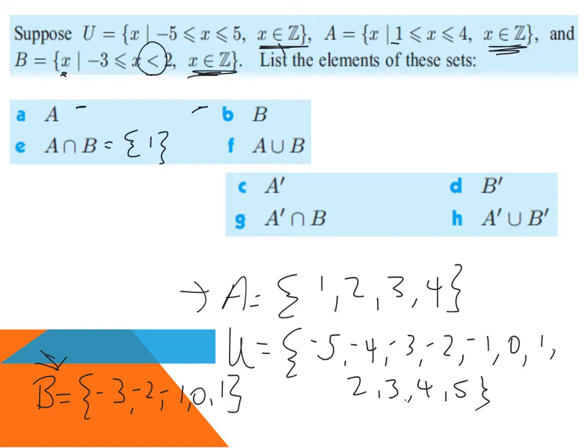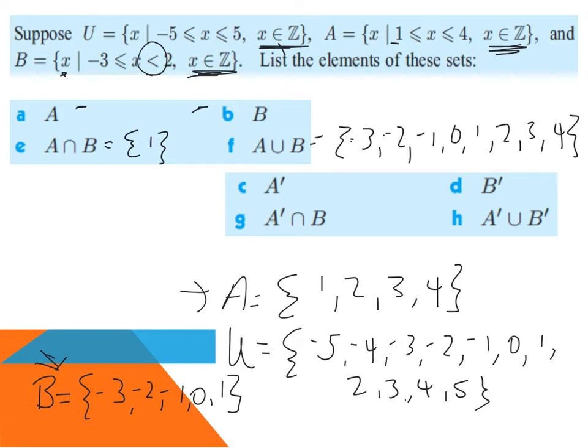Now, the union of A and B is going to be everything that's in either of those. So that's going to be -3, -2, -1, 0, 1, 2, 3, and 4. Those are negatives.